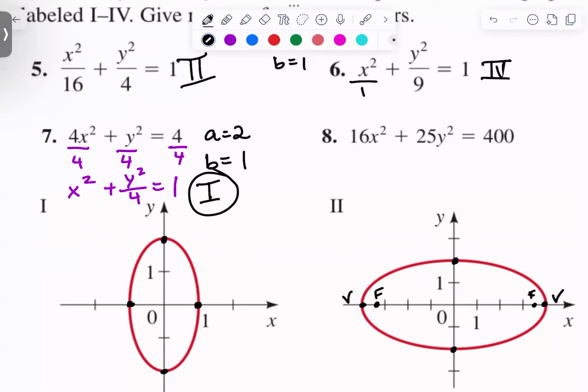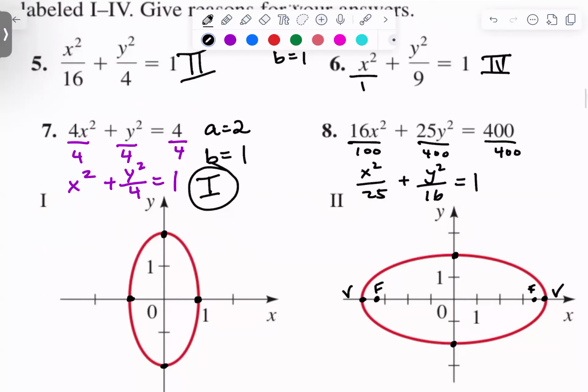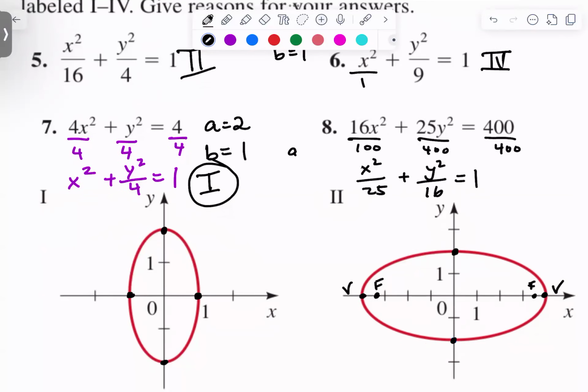So number 8 has to be number 3. But if you divide, we're going to divide this by 400, right, to make that side equal to 1. Okay? When I divide this by 400, this becomes 25. Y squared over 16 equals 1. Okay, you always have to make the right-hand side equal to 1. All right? So if it equals 1, and it's x squared over 25, my A value is 5, my B value is 4.